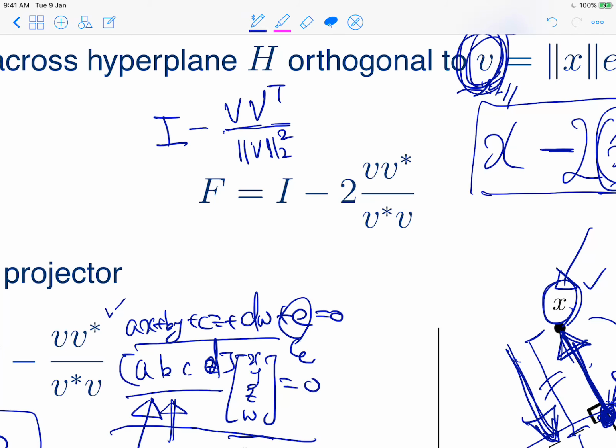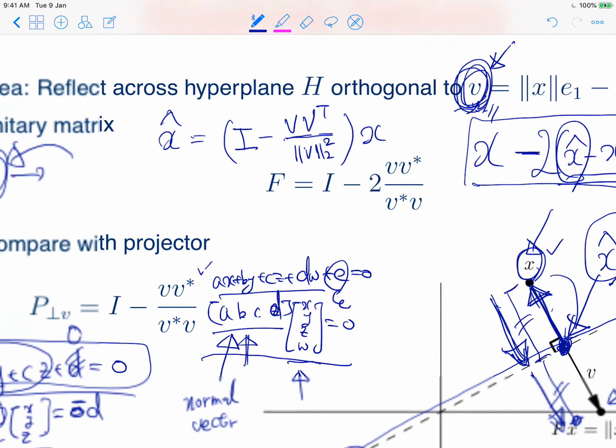Okay, so this is our projector onto this hyperplane that has the normal vector V. And this times x is our x hat, right?